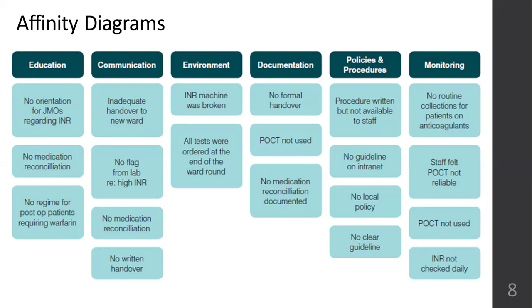So affinity diagrams help the entire team to sift through large volumes of disorganized data and put them into categories. It will be organized based on the most common categories that show up.